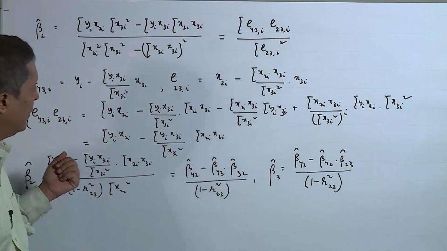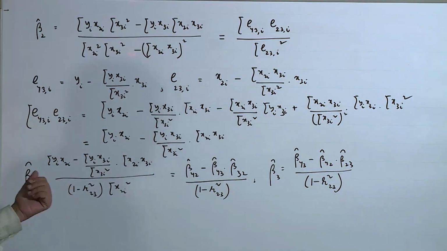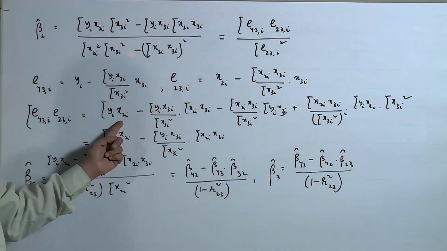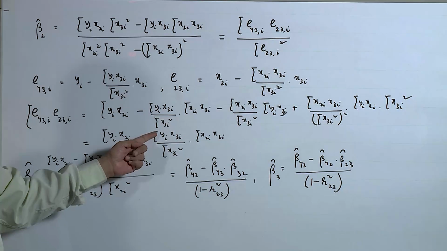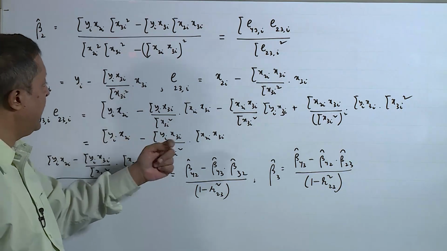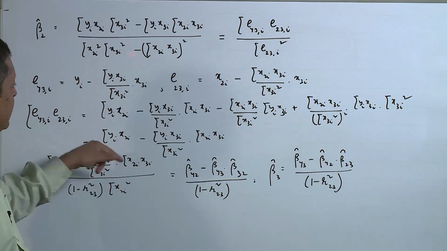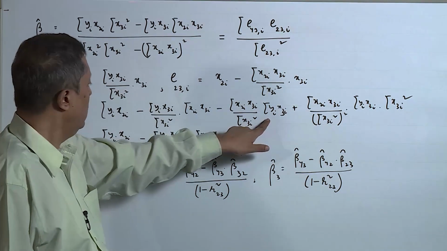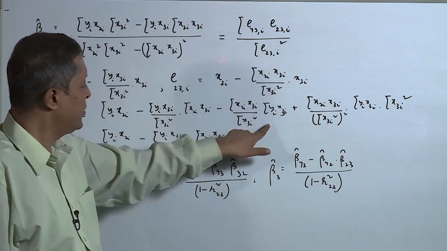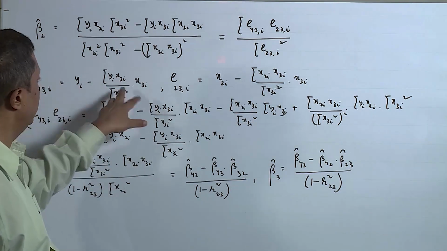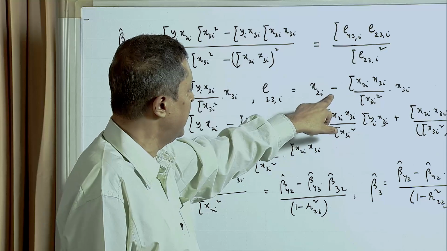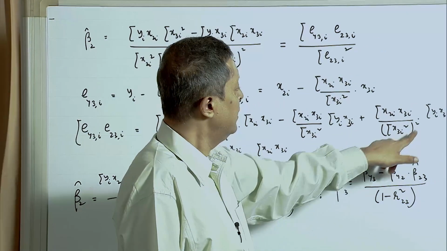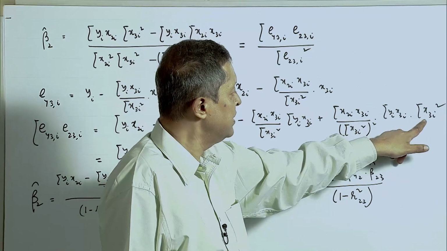So, once again very similar to what we have done a few minutes earlier, if you multiply these two terms, then you get Σy x2, then Σy x3 divided by Σx3 square, times Σx3 x2, and again the same thing symmetric, that is Σx2 x3 divided by Σx3 square times Σy x3, symmetric, and plus the last term is the product of these two terms with minus sign, that is again Σx2 x3 divided by Σx3 square whole square times Σy x3 times Σx3i square.